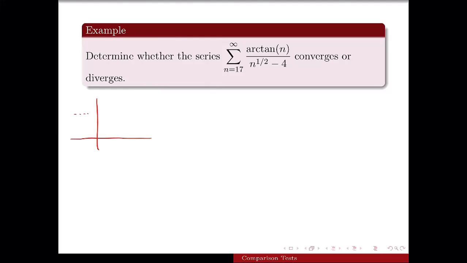Again, graph of your arctan. This is pi over 2, and then it's something like this. Okay? And furthermore, you have here, this is 1. This occurs at pi over 4.